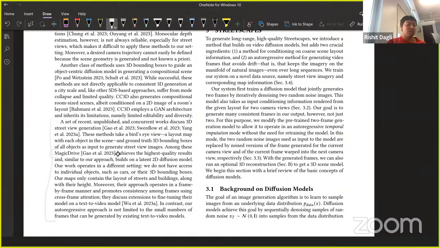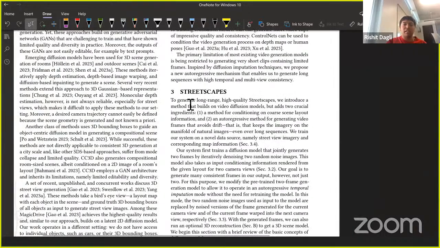As in standard text to video models where you have cross frame attention and the V parameterization trick, they use both of those tricks and just use a standard text to video diffusion model. And they say that this is really problematic because you can never generate a large enough number of frames currently with this approach. So in that sense, they do really interesting stuff.